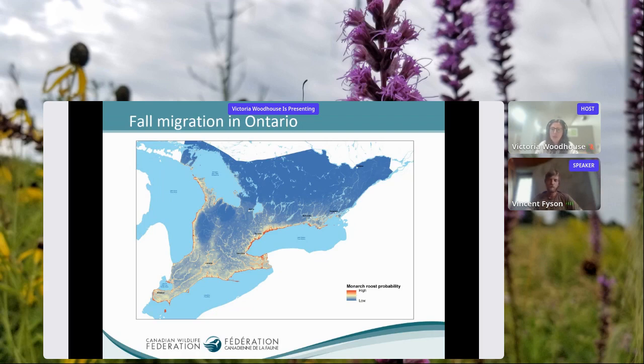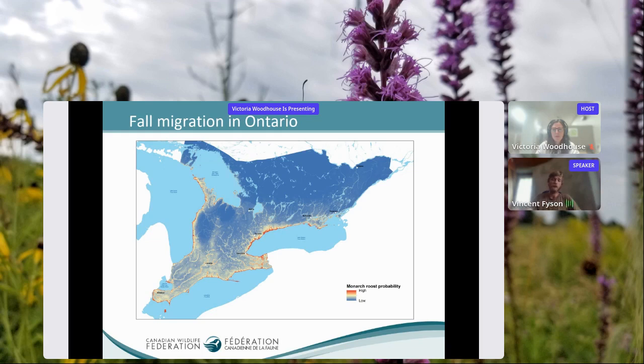Yep. So we had multiple different land covers that represented some sort of nectaring resource. Agriculture was split up into both pasture and forage, and then row crop agriculture, just because we would expect that row crops would provide far fewer nectaring resource opportunities for monarchs than would pasture and forage, which might be an old field or something like that.